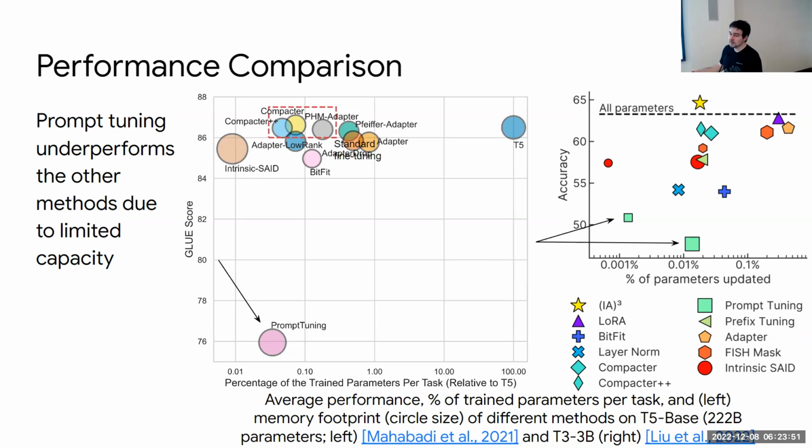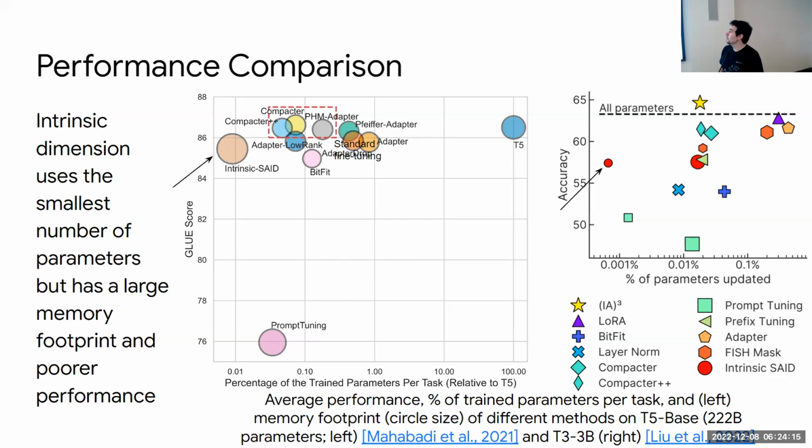We can first see that for prompt tuning, as we already mentioned before, applying this to a standard 200 million parameter model and a 3 billion parameter model, even in the 3 billion parameter setting it leads to quite reduced performance, even though it adds a very small number of parameters. Secondly, the intrinsic dimensionality method adds the lowest number of parameters because we have a very efficient way to define this random matrix, but it achieves lower performance compared to these competing methods, and if we look at memory consumption, it is quite expensive in practice.